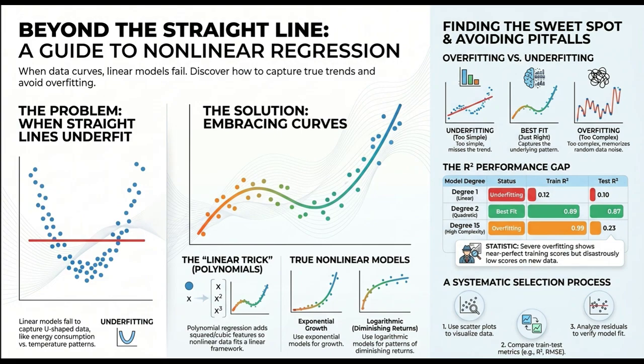For example, if you are tracking the degrading efficiency of solar panels over time, we need an exponential decay model that eventually flattens out. Or if we track worker productivity over consecutive hours, we see a logarithmic curve representing diminishing returns.